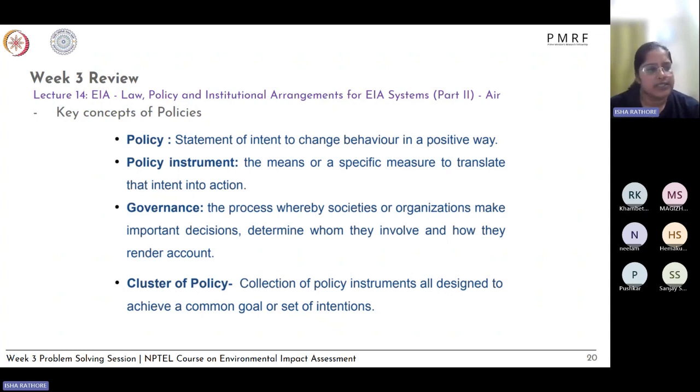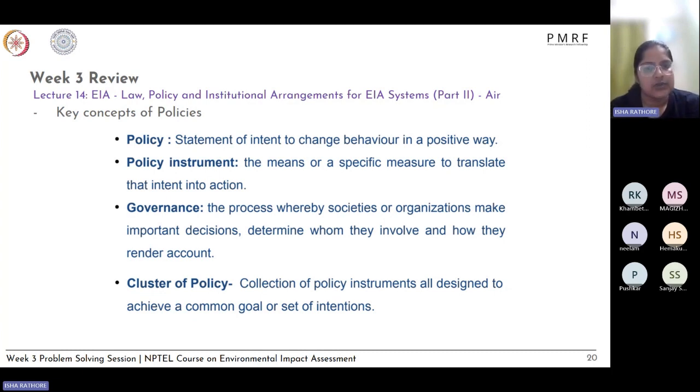Policy is any statement of intent to change behavior in a positive way. Policy instrument means the tools or specific measures which translate the intent of the policy into action. Anything which helps you move from paper to actionable status is a policy instrument.